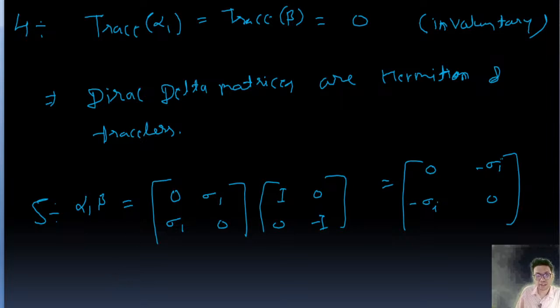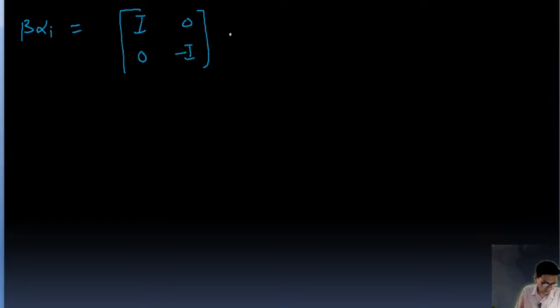Now we'll find beta alpha_i. Beta alpha_i is going to be the matrix I, 0, 0, minus I, times the matrix 0, sigma_i, sigma_i, 0.